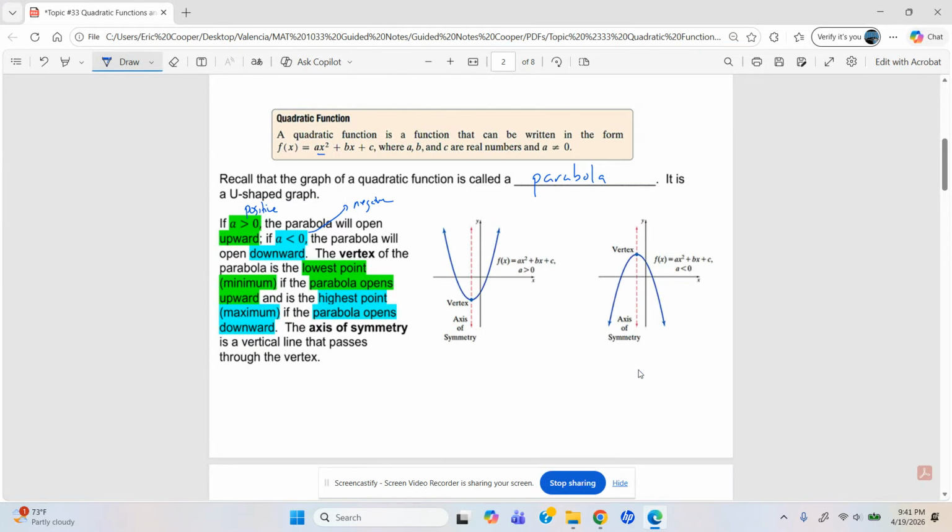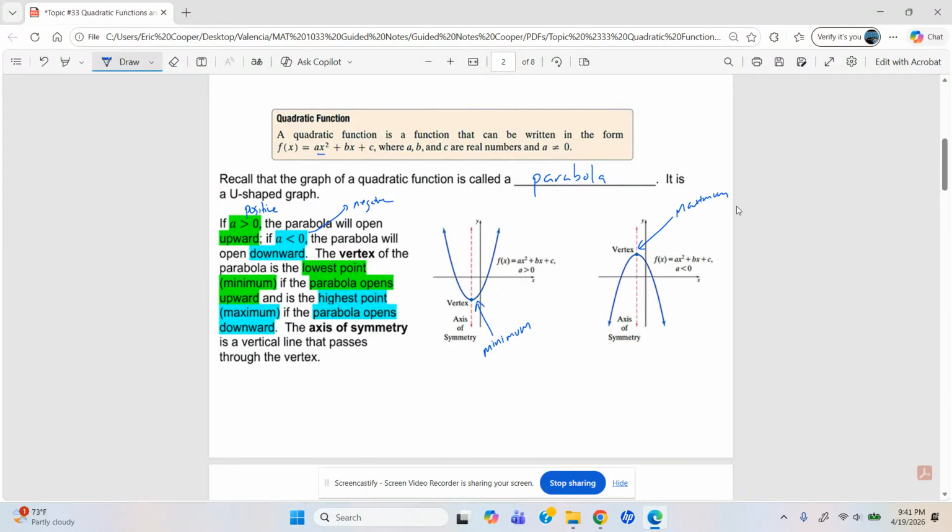The vertex of the parabola is the lowest point or the highest point depending on which way the parabola opens. So if it opens upward, then this here is the lowest point, which is the vertex, and we often call that the minimum. So the minimum value is the lowest point on a vertex that opens upward. If it opens downward, it makes the highest point, which is called the maximum.